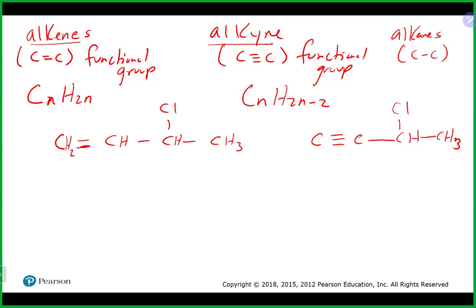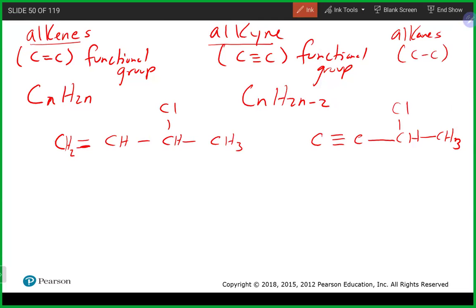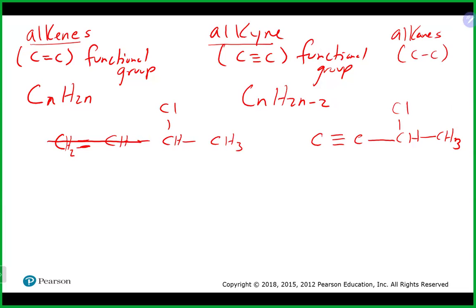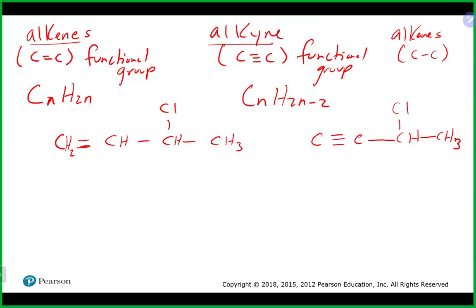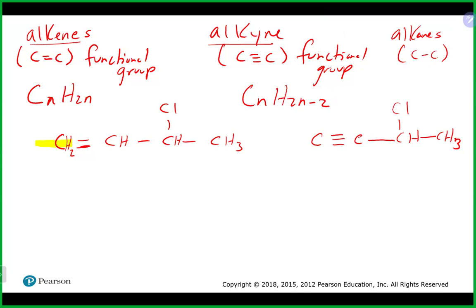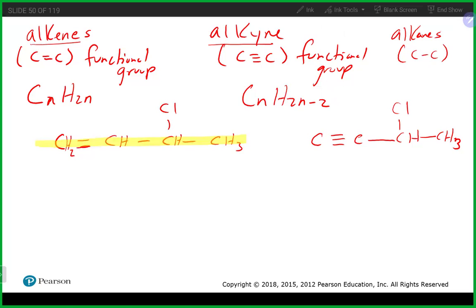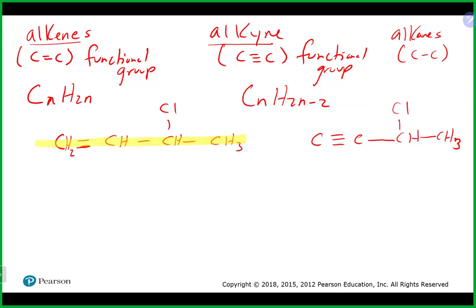So in this case, if we were to roll through this, that is 1, 2. That's not so good. Again, that is 1, 2, 3, 4. So when we count the longest carbon chain, which does contain the double bond, it still goes back to the alkane name. So for 4 carbons in an alkane, it is but-.